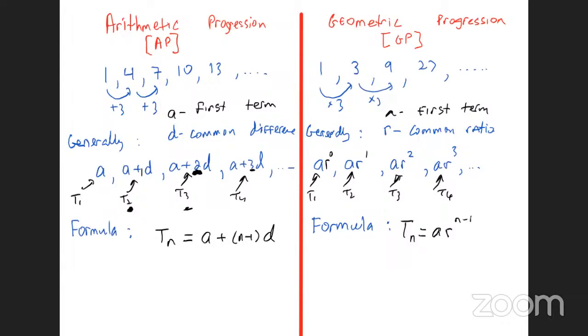You have to learn how to find any term in an AP and any term in a GP. Okay? Copy it down, and let's take a look at how to use it. So all we're doing for the rest of the class is how to use those two formulas. All right?